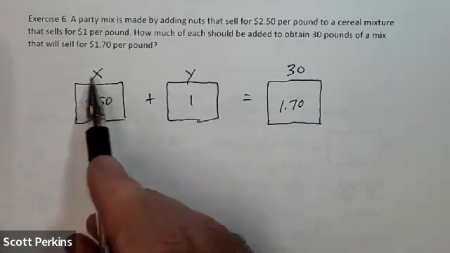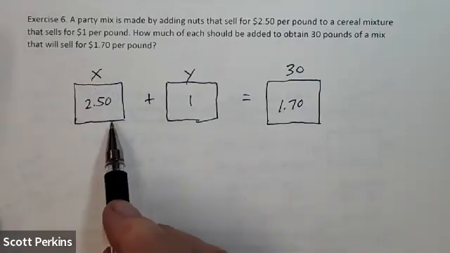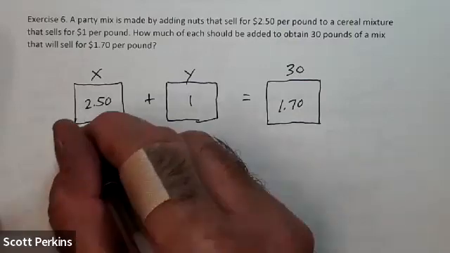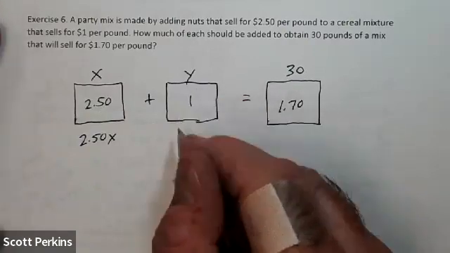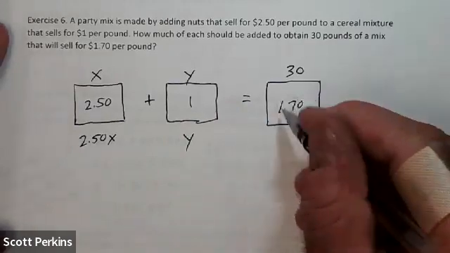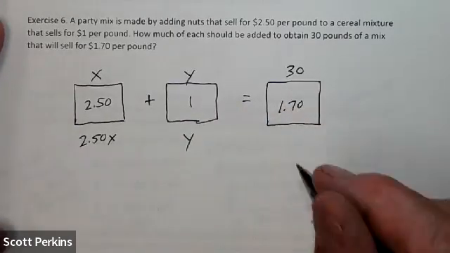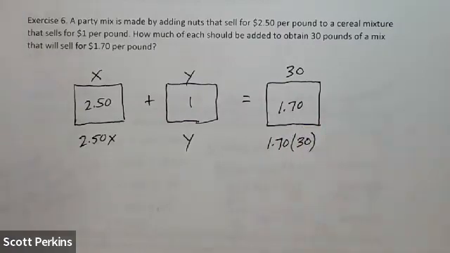Okay. What's the value of this box right here? All these nuts that are in this box, what's the value? Perfect. $2.50 X. What's the value of this second box? 1Y, or just Y. And then what's the value of this third box right here? 1.70 times 30. Well done.